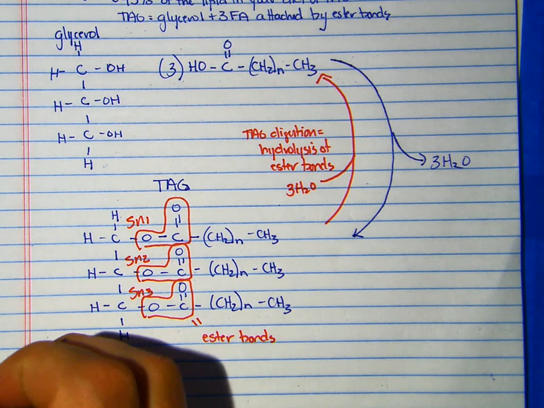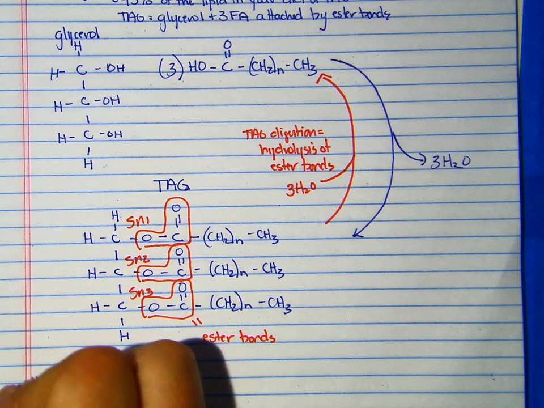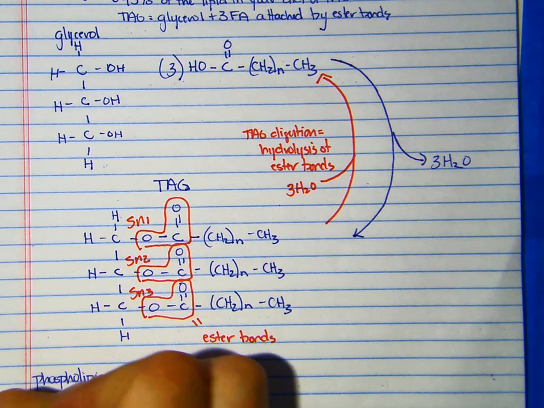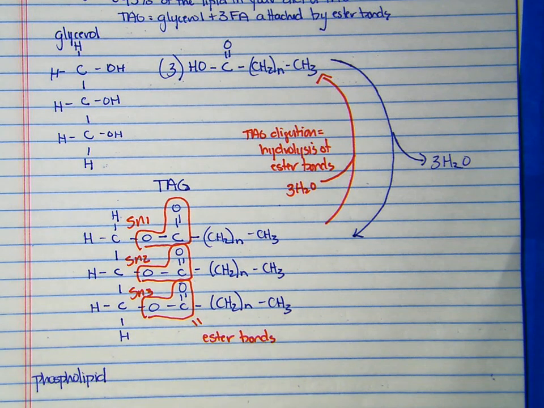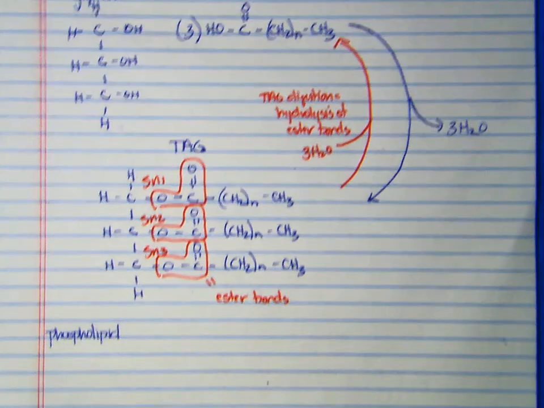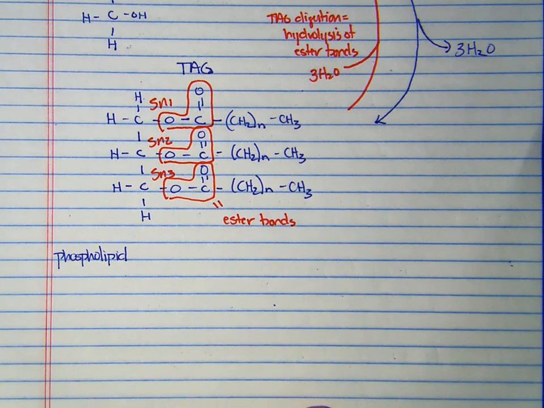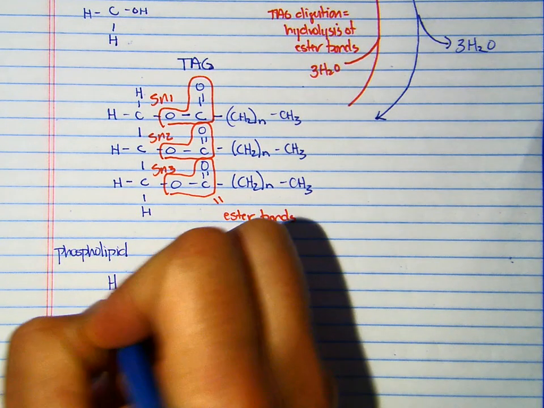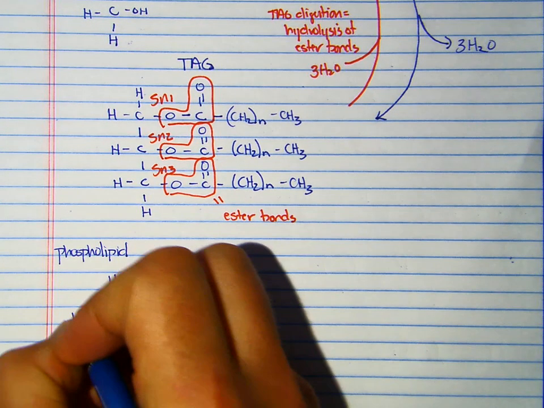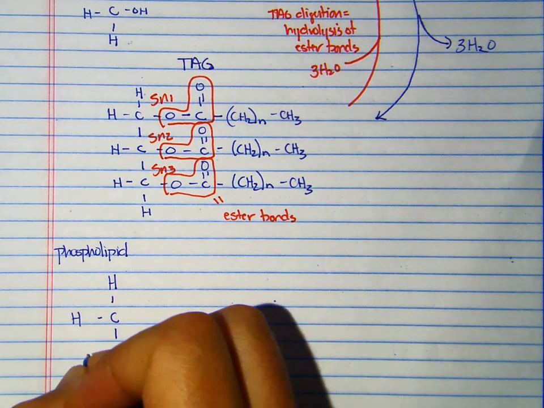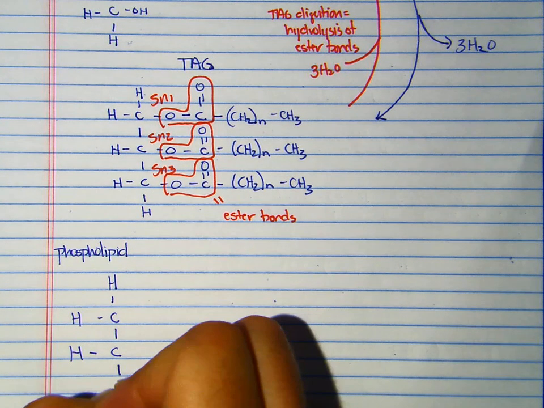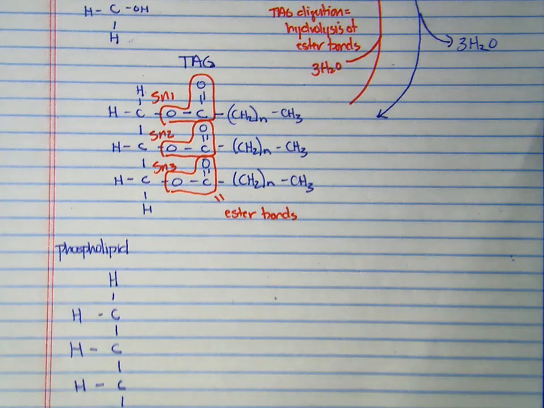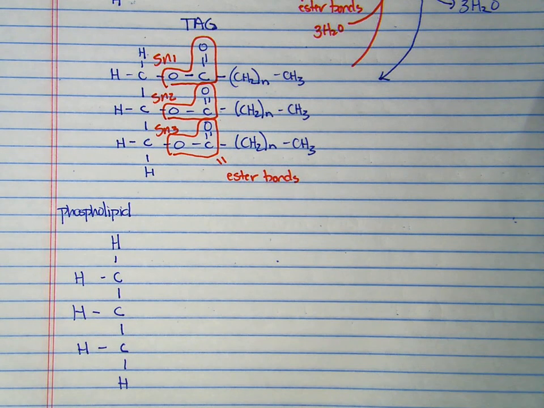One other lipid we're going to introduce, and that is the phospholipid. And we've talked about phospholipids before. They are what makes up the lipid bilayer of the cell membrane. And so we have a glycerol again.